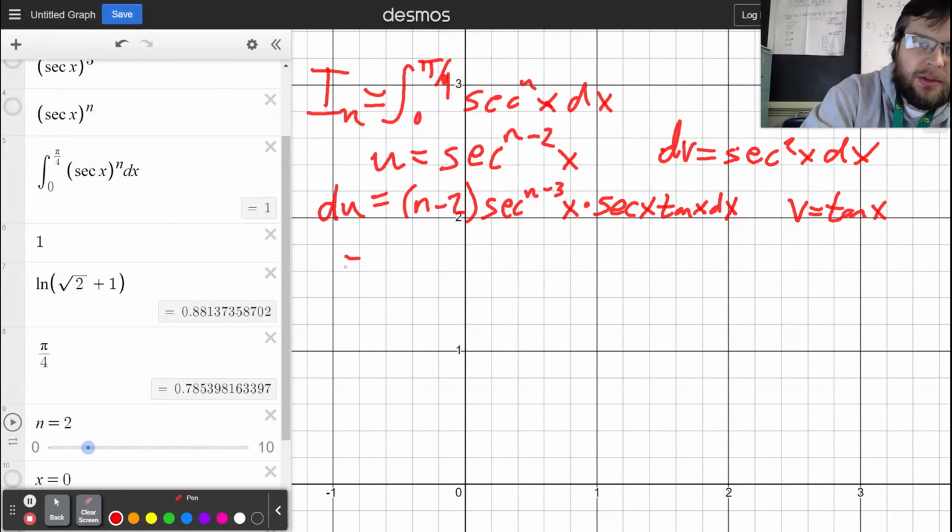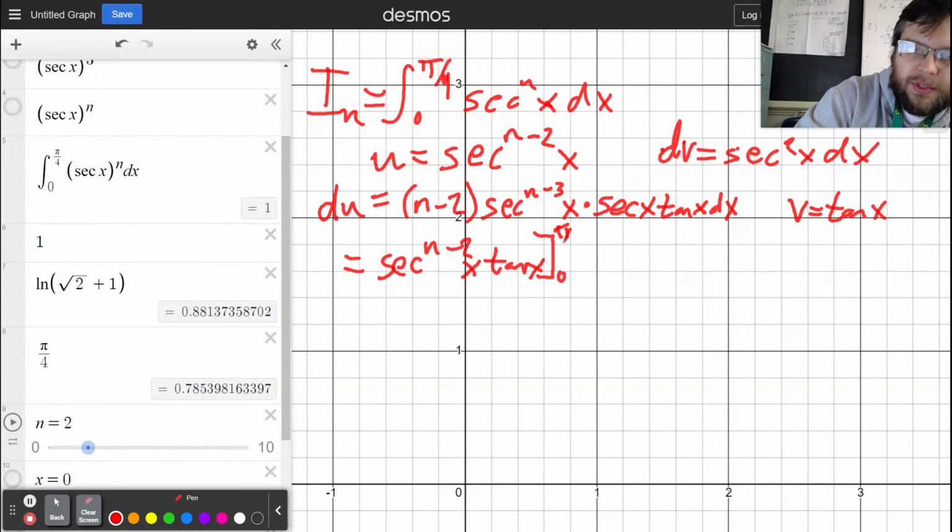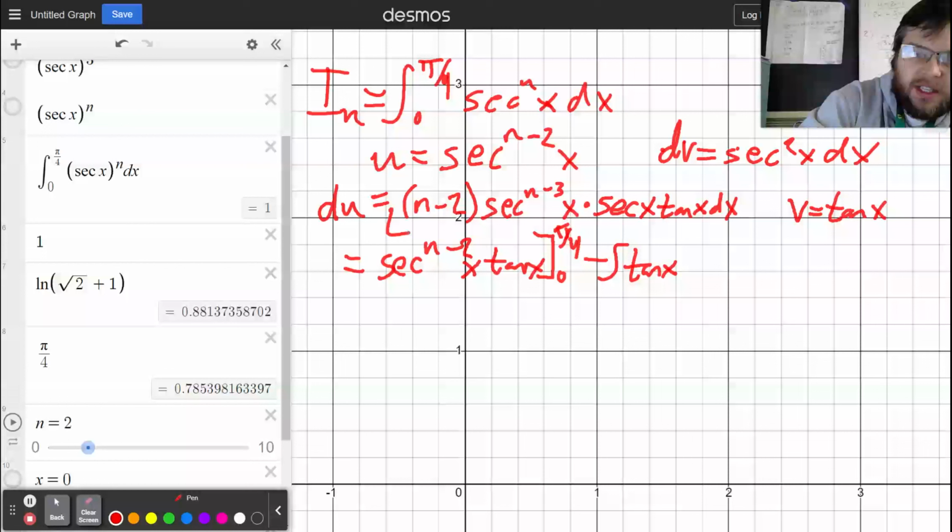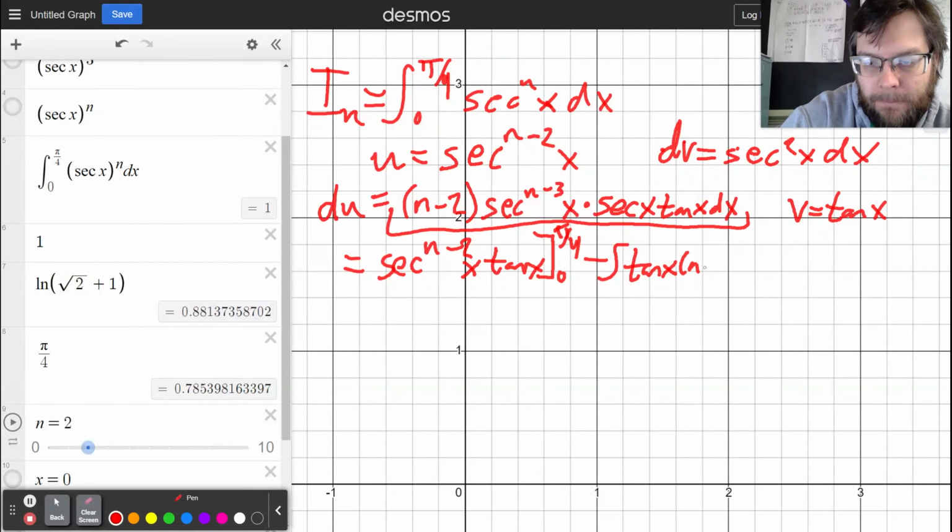And this works out very nicely. When I set up my u, v, I get secant of n minus 2 x times tangent of x, that's uv, and that's going to be evaluated from 0 to pi over 4, minus the integral of v times du. So I'm going to copy and paste all that junk in there. N minus 2 secant.